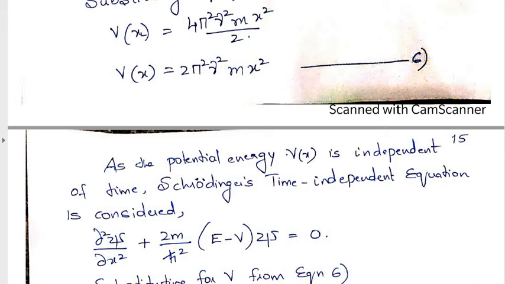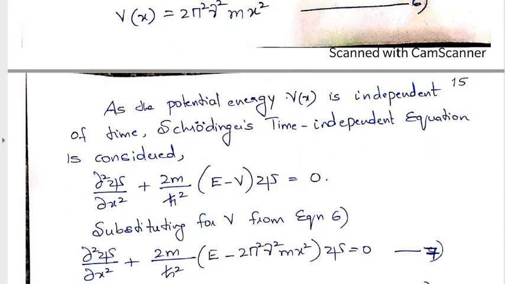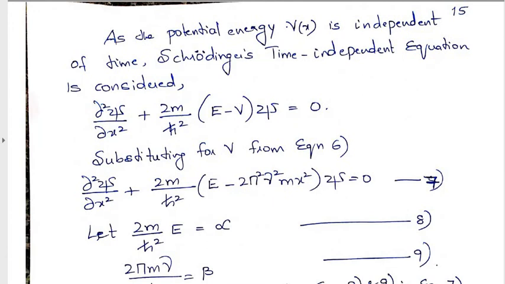This is Schrodinger's equation, which is the time independent equation. Now substituting for V, del square psi by del x square plus 2m by h bar square whole multiplied by (E minus 2 pi square nu square m x square) whole multiplied by psi is equal to 0. That is equation 7.